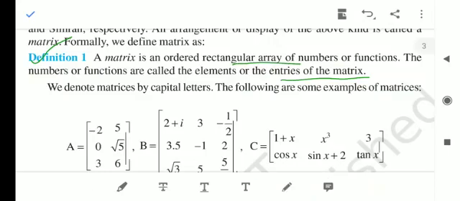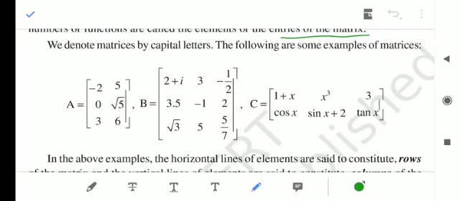Here in this case, if I ask what is the order of matrix A, you can see it has 3 rows and 2 columns.